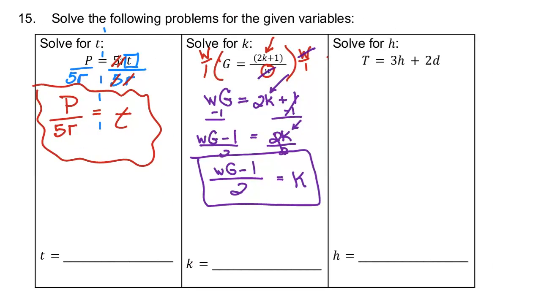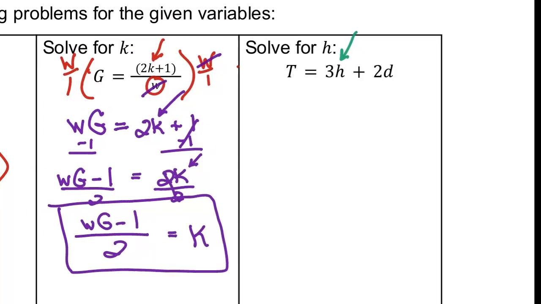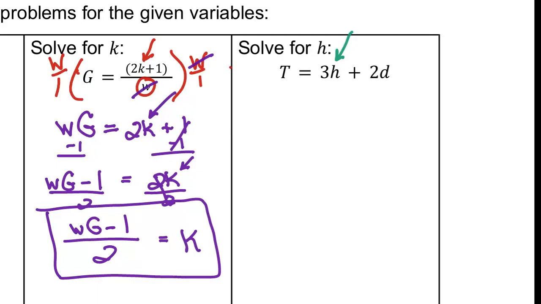And let's go to the last one, solving for H. Rodney, what do you think we should try to do to solve and get H by itself here? You want to get H by itself.